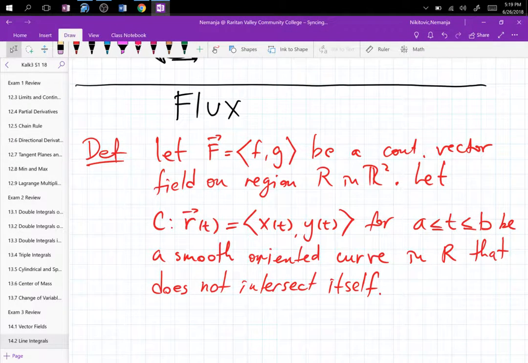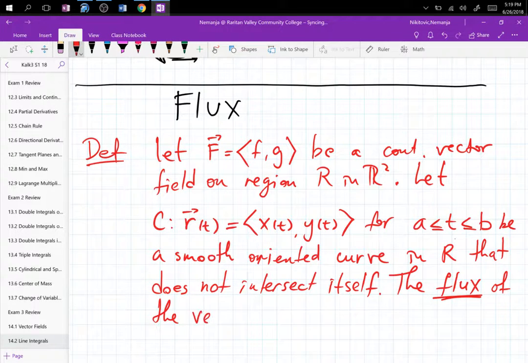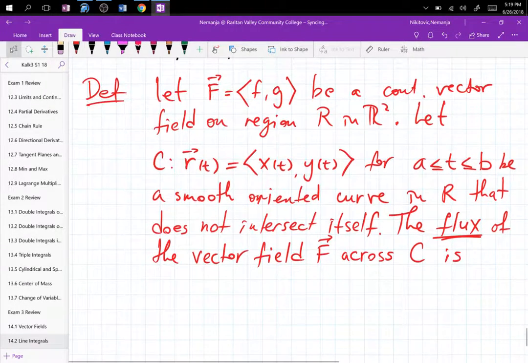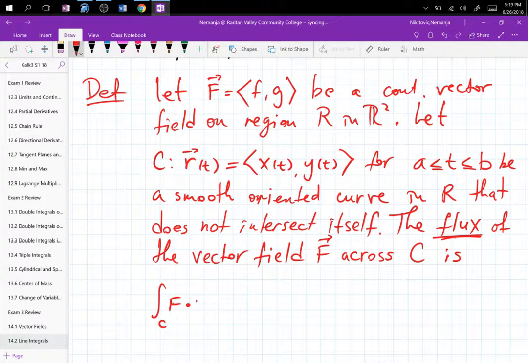The flux of the vector field F across C is, and here's the formula, the integral over C of F dot n ds.